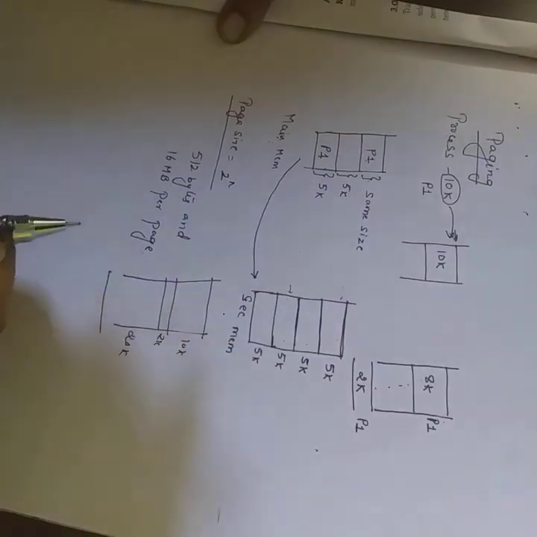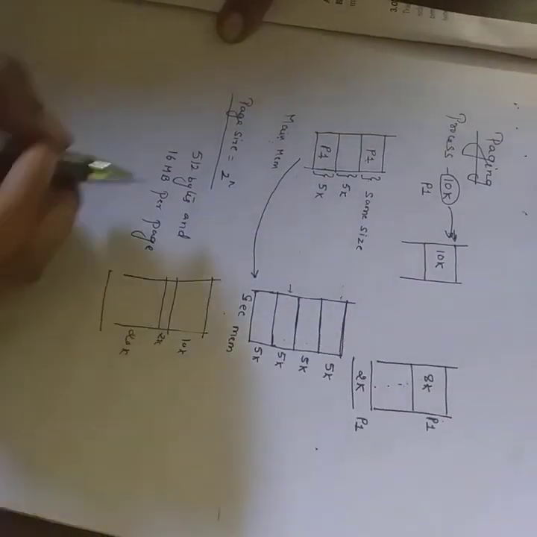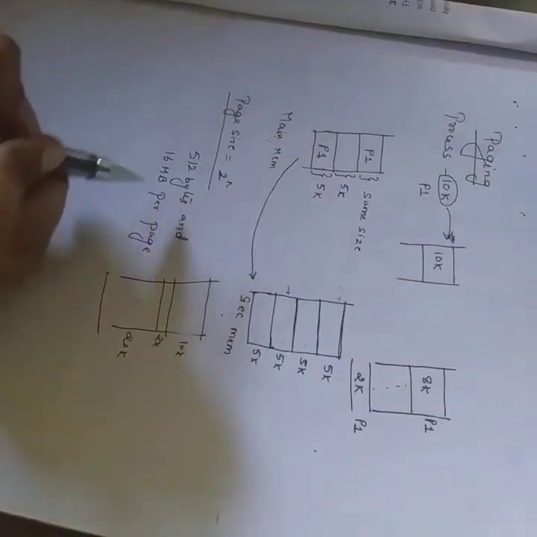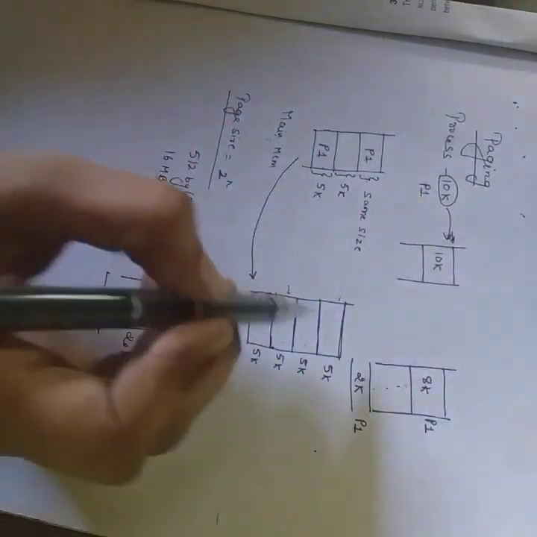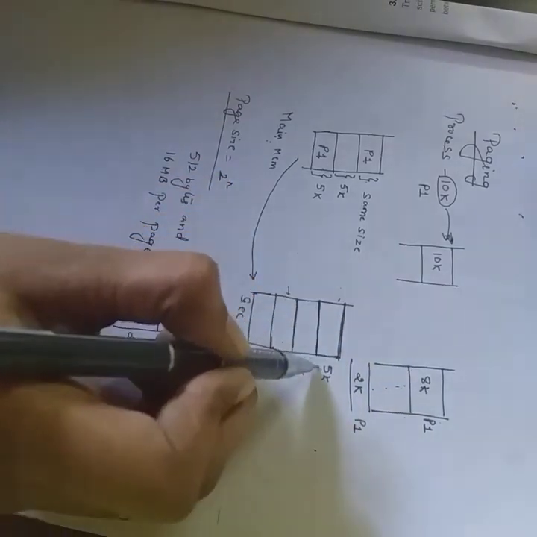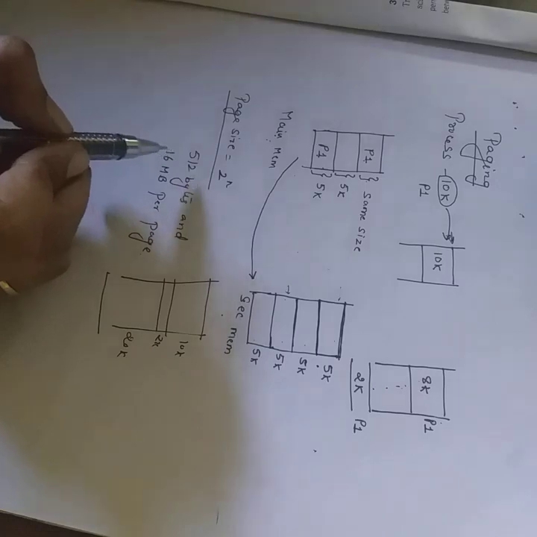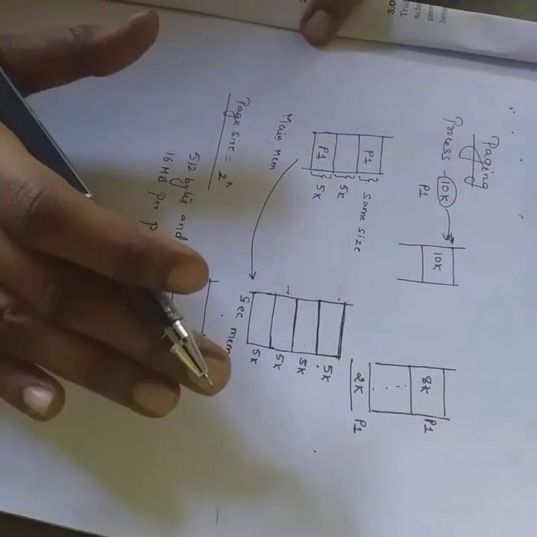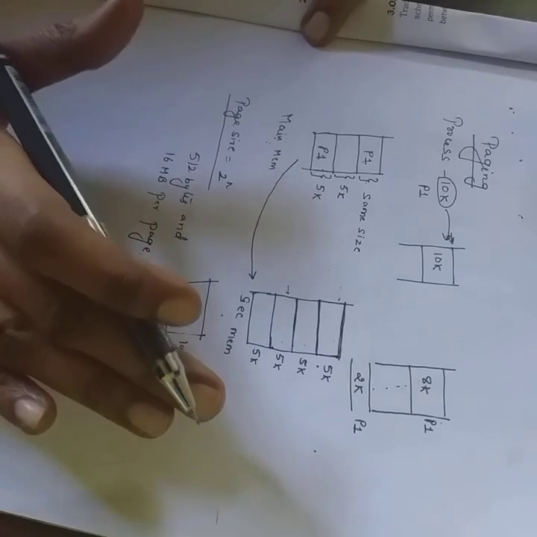It depends on the computer architecture. Usually the page size is taken as 512 bytes up to 16 MB per page. That means each page, each block, here I have written 5K, but usually it will be 512 bytes to 16 MB per page. Now this is the concept of paging.